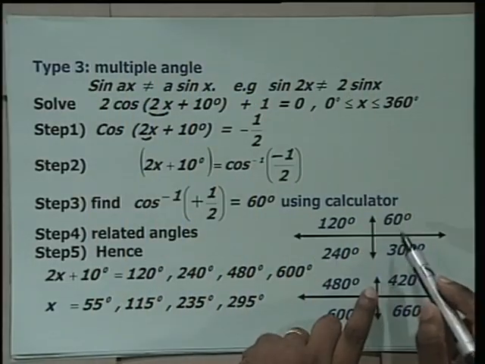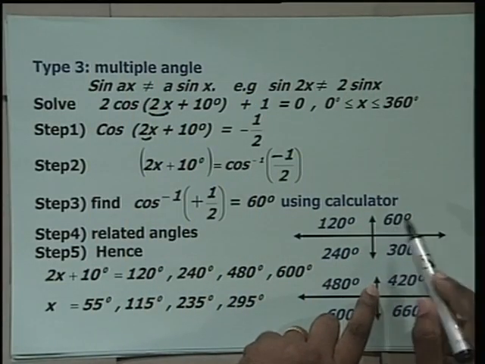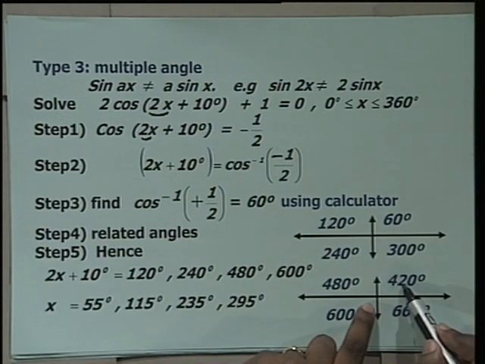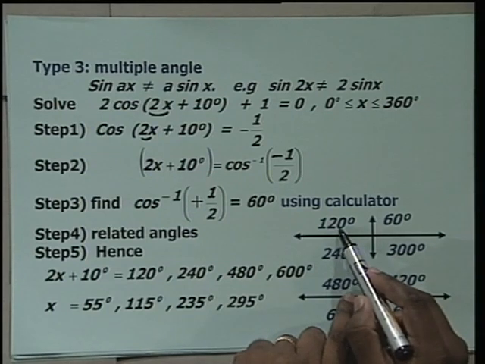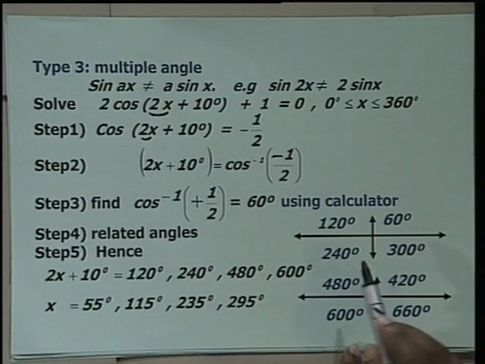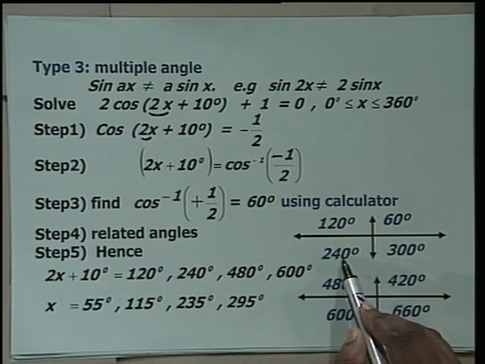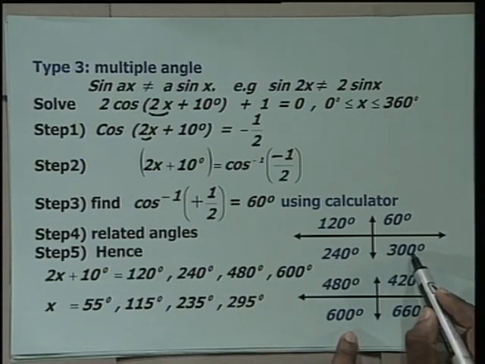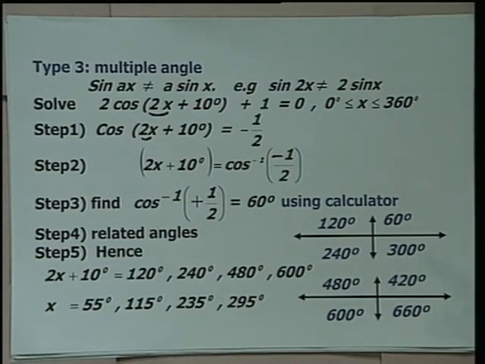It's very simple. You just have to add 360 degrees to all the related angles you obtain in the first turn. So let's see. To find angles related to 60 in the second turn, we add 360 to 60. We obtain 420. We add 360 to 120. We get 480. We add 360 to 240. We get 600. We add 360 to 300, we get 660.